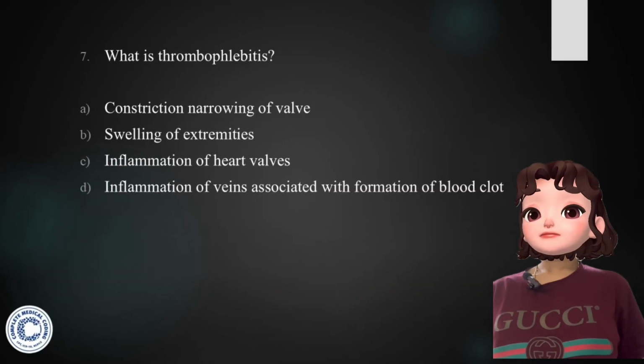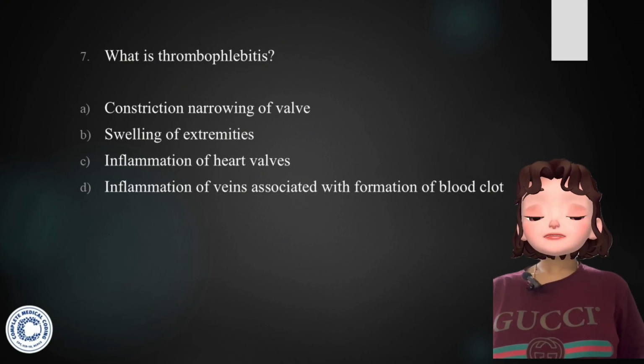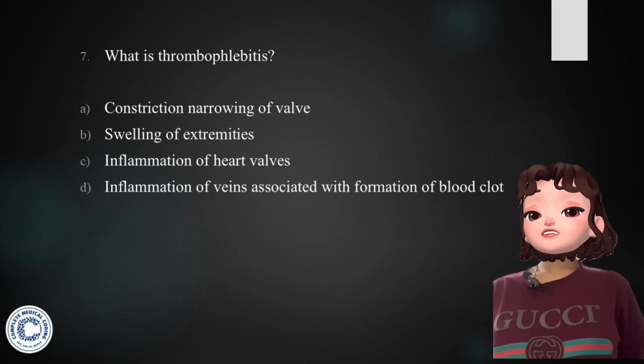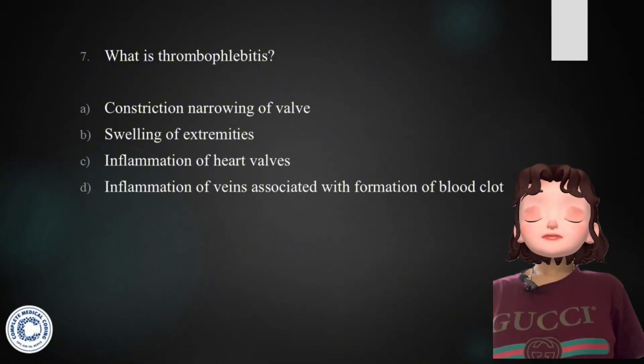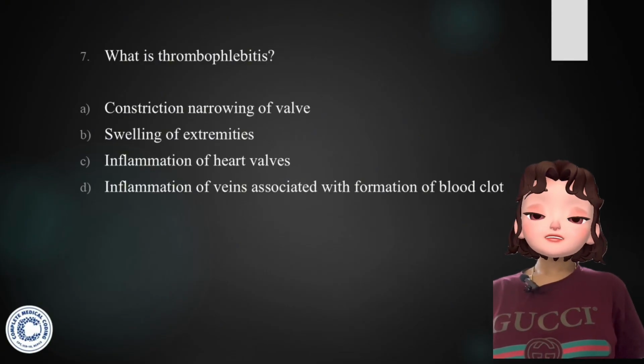Seventh question. What is thrombophlebitis? Option A, constriction, narrowing of valve. Option B, swelling of extremities. Option C, inflammation of heart valves. And option D, inflammation of veins associated with formation of blood clot.